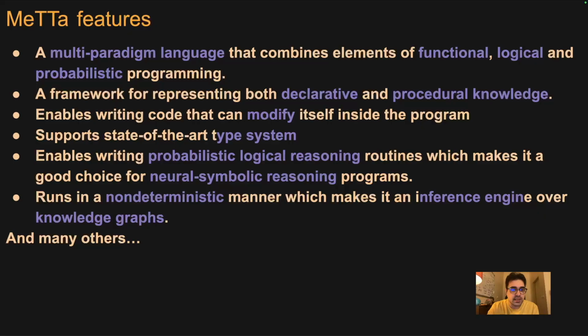It supports state-of-the-art type systems, and MeTTa also enables us to write probabilistic logical reasoning routines, which makes it a good choice for neural-symbolic reasoning programs. And it runs in a non-deterministic manner, which makes it an inference engine over knowledge graphs.